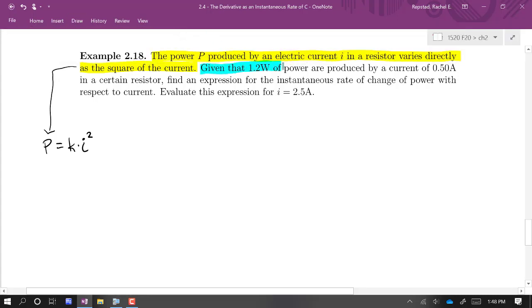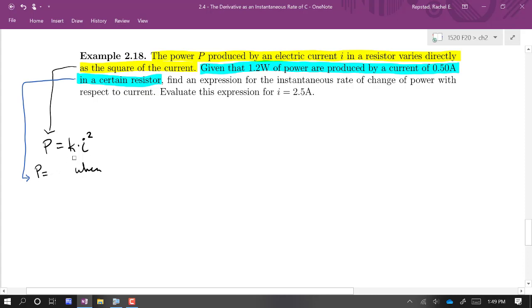Given that 1.2 watts of power are produced by a current of 0.5 amps in a certain resistor. I'm going to stop. I'm not even going to finish reading that sentence, because that piece of information tells me that P is equal to 1.2, right?